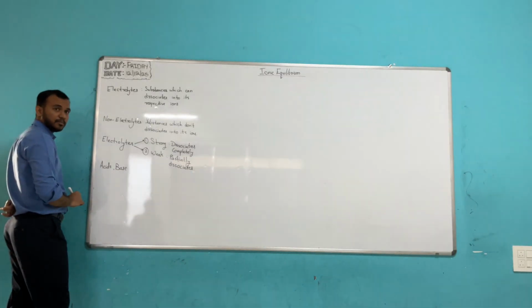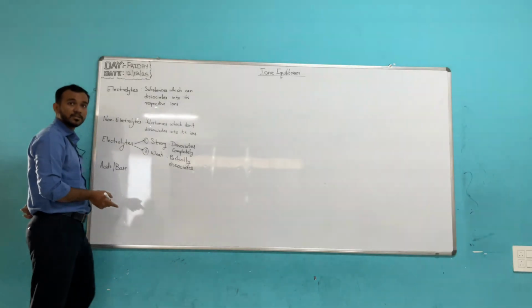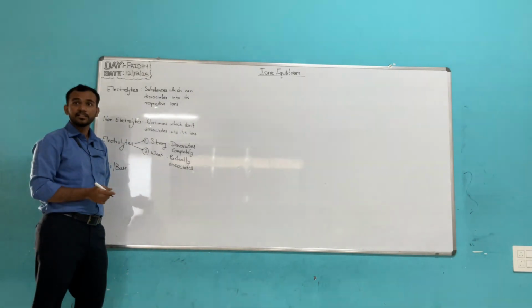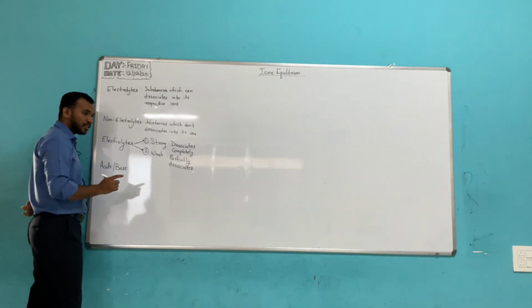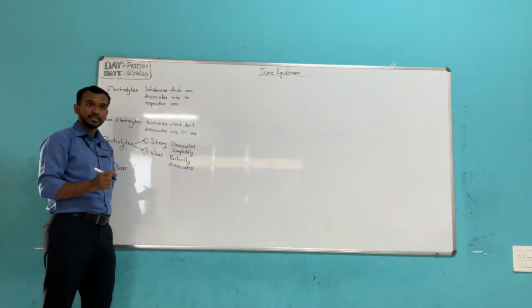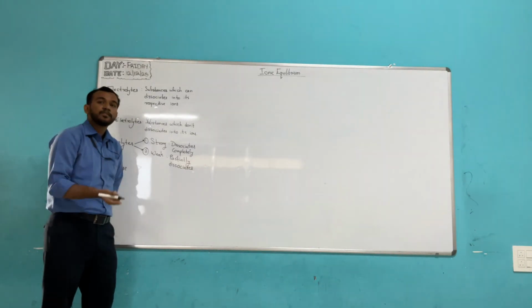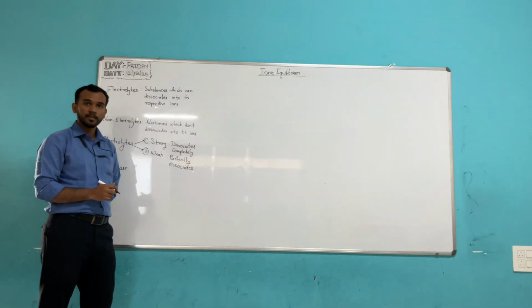Acids and bases. Acids are the substances which produce H plus ions, but bases are the substances which produce OH minus ions. Correct. So these are the theories which are given by one scientist only, right? But there are many types of acids and many types of bases in nature, right?